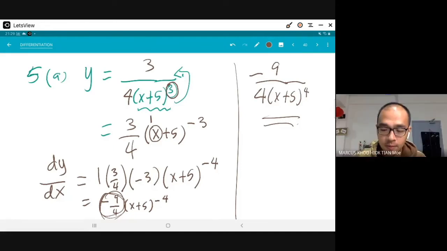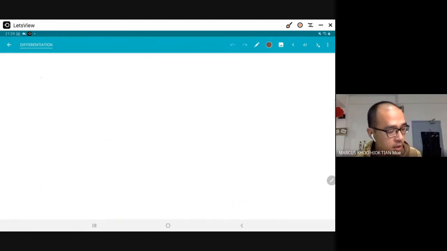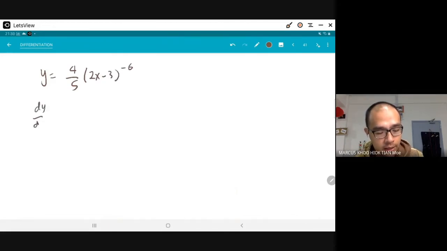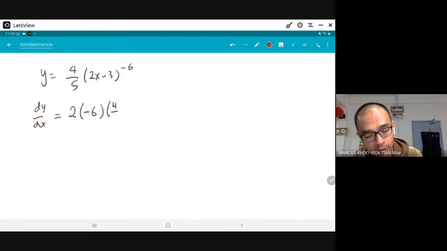Let me see. y equals 4 over 5 times (2x minus 3) to the power of negative 6. So dy/dx will be 2 times negative 6 times 4 over 5, and (2x minus 3) to the power of negative 7.